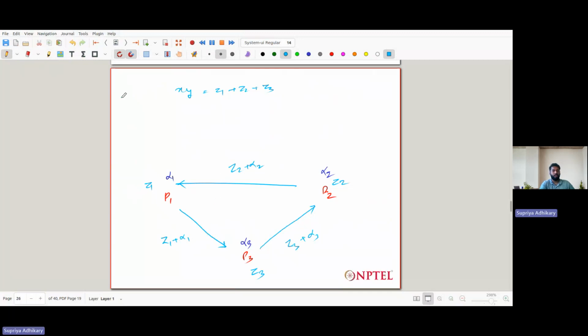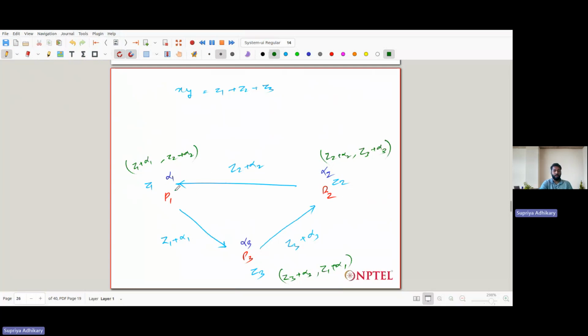So if we do this, then P1 would hold z1 plus alpha 1 and z2 plus alpha 2. P2 would hold z2 plus alpha 2 and z3 plus alpha 3. P3 would hold z3 plus alpha 3 and z1 plus alpha 1.